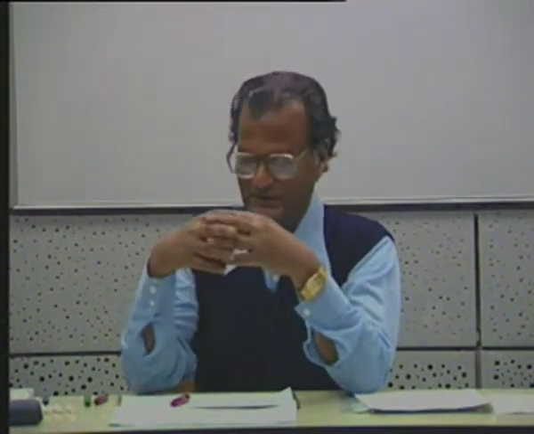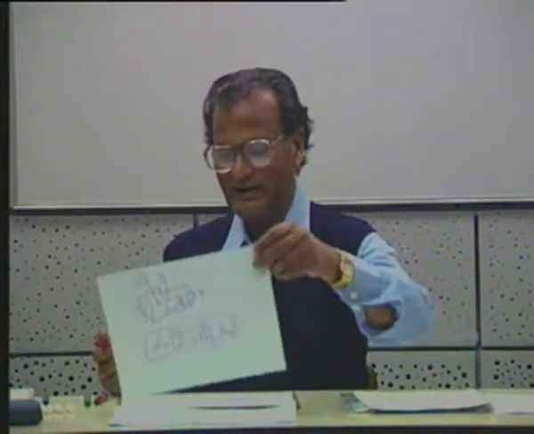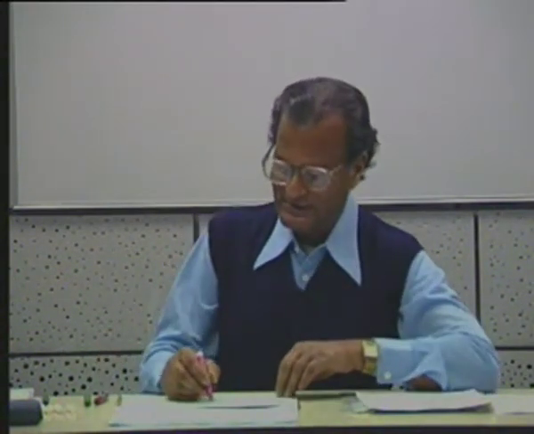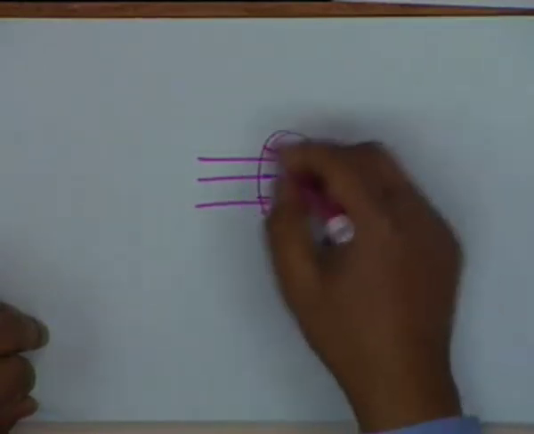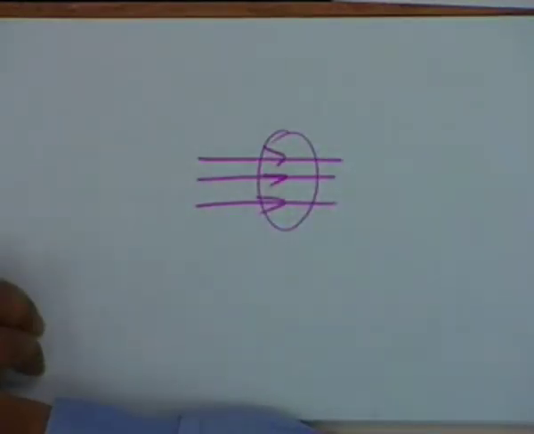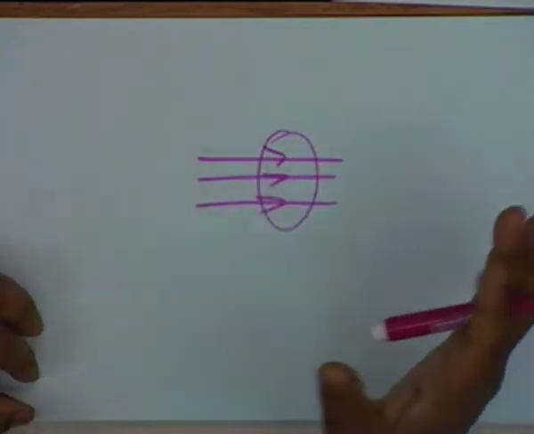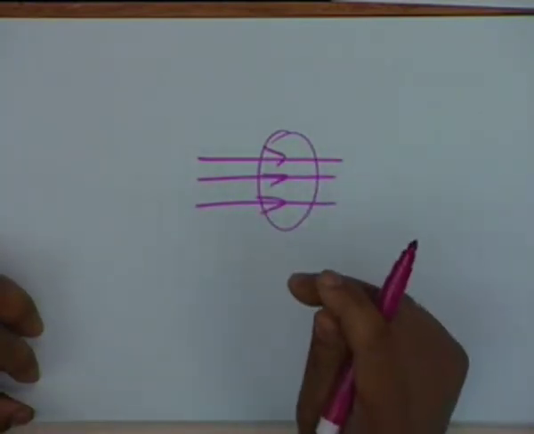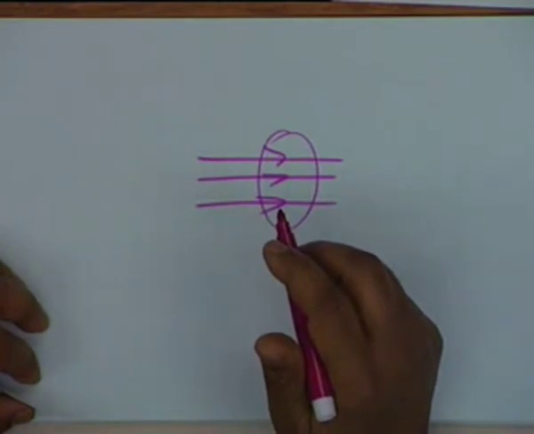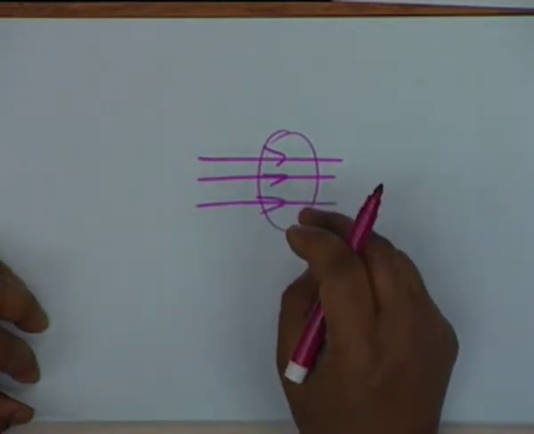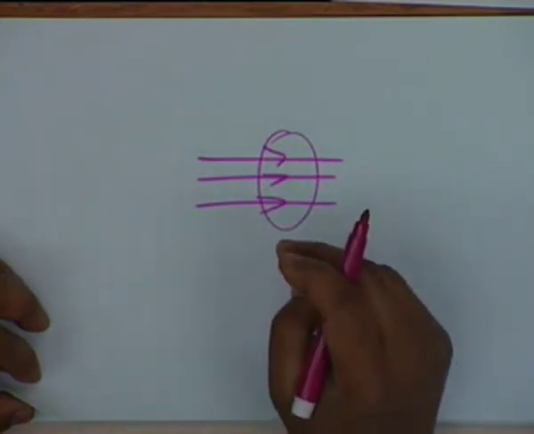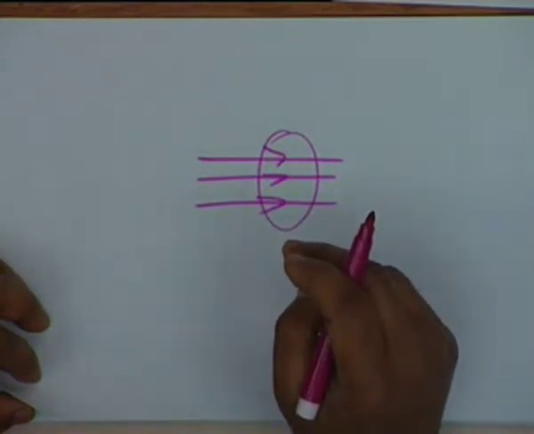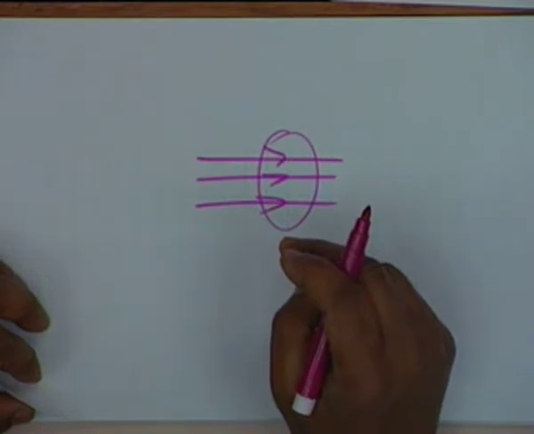On the other hand, if there is a magnetic field, magnetic lines of force, and you put a coil in this, and if the field changes with time, then you know the coil shall have an induced voltage. This is not a coupling by conduction or by actual contact. This is a coupling through invisible means, that means the magnetic field.